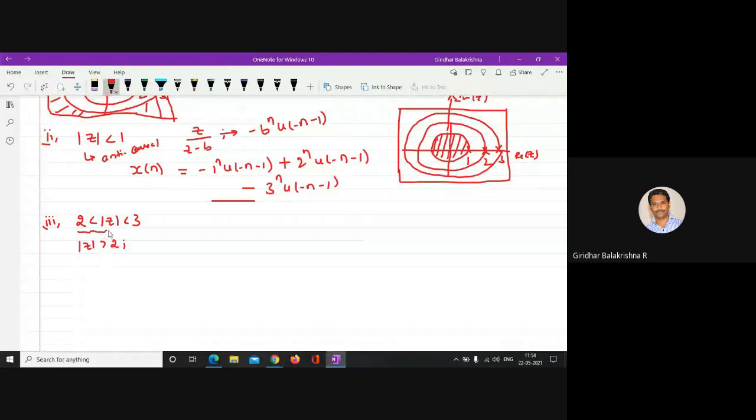They consider only this case. And here another one is mod z less than 3. Can I represent the above condition like this? Yes, sir.